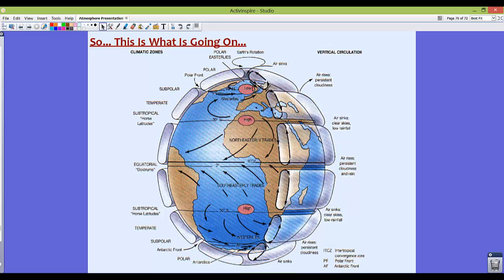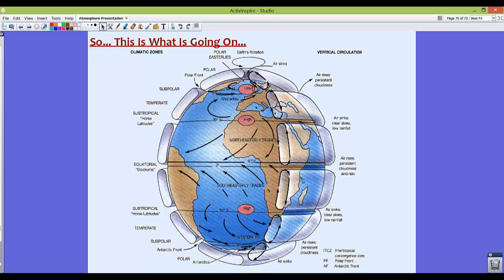Now we have Hadley cells going on, and that's what these particular things are right above the equator. We have the Hadley cells above and below the equator. We have those Ferrel cells that are happening either to the bottom of the Hadley cell or to the top of the Hadley cell, depending upon which hemisphere we're in. And then at the poles we have those polar cells.